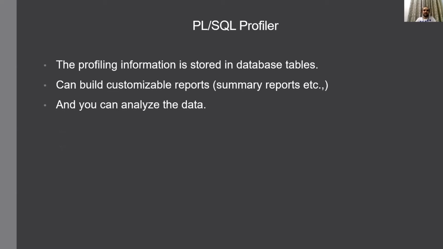We have certain intrinsic database tables which store this information. Once you get this information stored in the tables, you can get a report called a profiler report. This is an HTML report which gives you all the information for further analysis. So this is about the profiler.